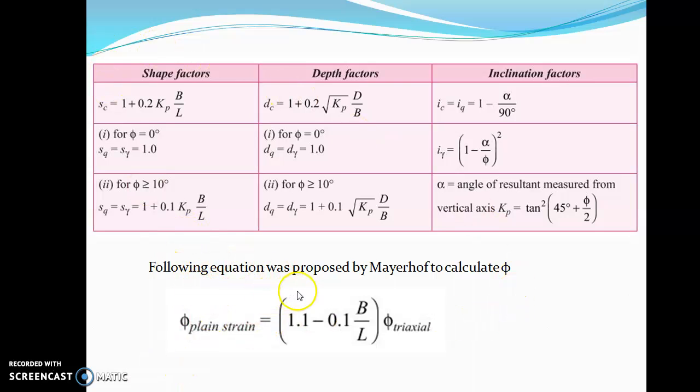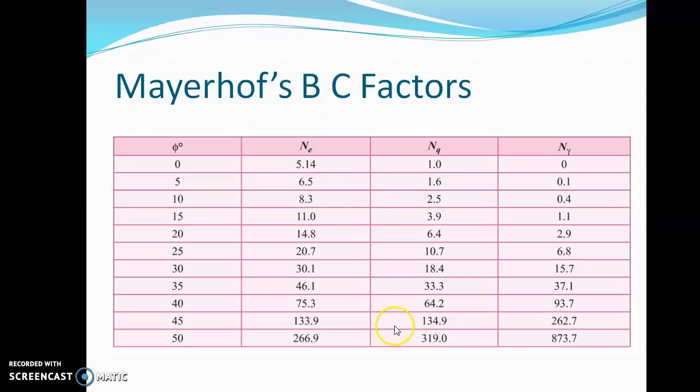The equation proposed by Meyerhof to calculate phi for plane strain in terms of phi of triaxial is given as 1.1 minus 0.1 B by L into phi triaxial. And this is the final tabular column wherein Meyerhof's bearing capacity factors are tabulated for various values of phi.